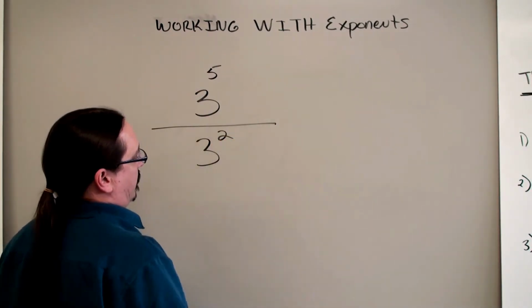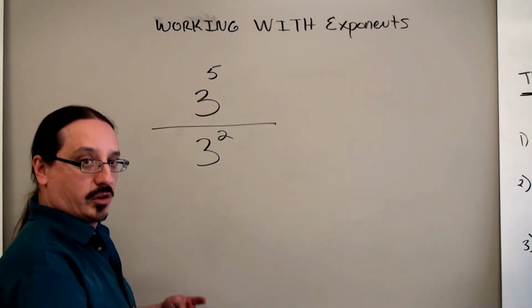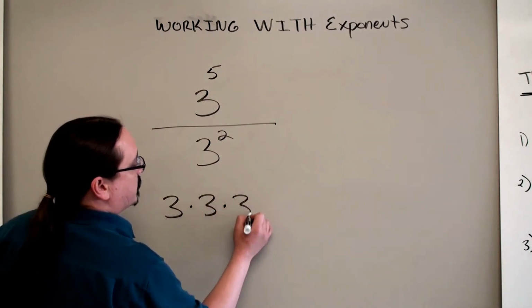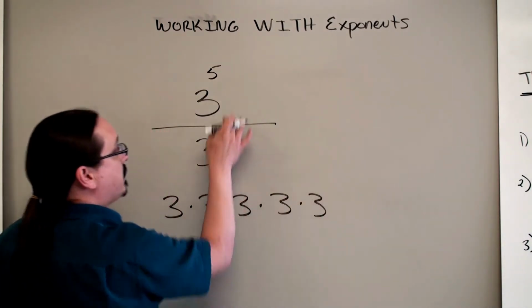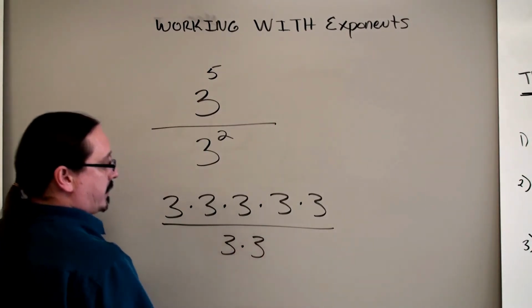Again, let's just expand these, look at them, break them down. 3 times 3 times 3 times 3 times 3, this would be 3 to the 5th, over 3 times 3, 3 squared.